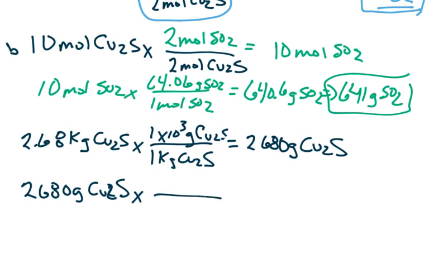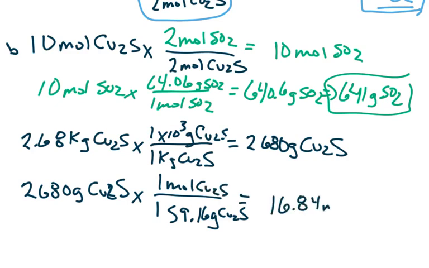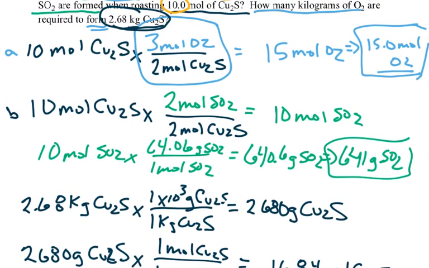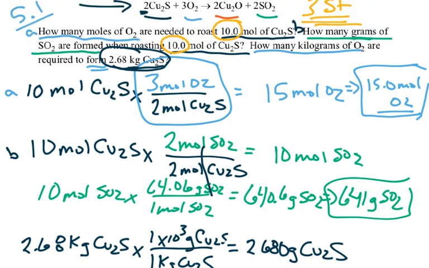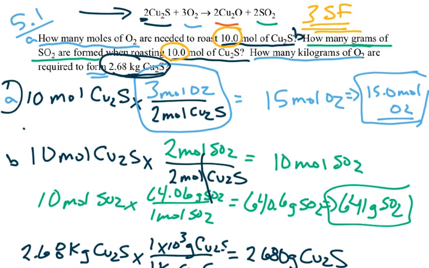Times 159.16 grams of Cu2S, and 1 mole of Cu2S equals 16.84 moles of Cu2S. Now it's just like any of these problems that we did up here. It's exactly like this one, okay?